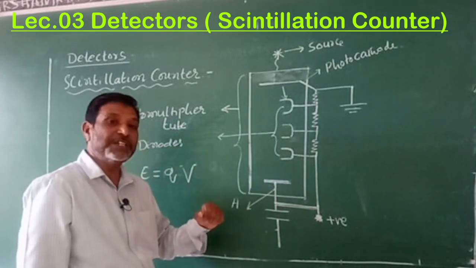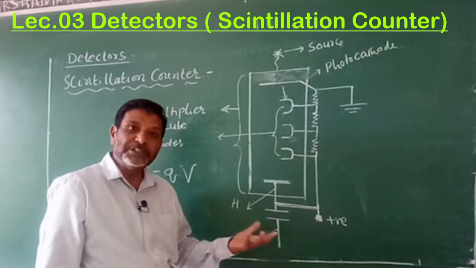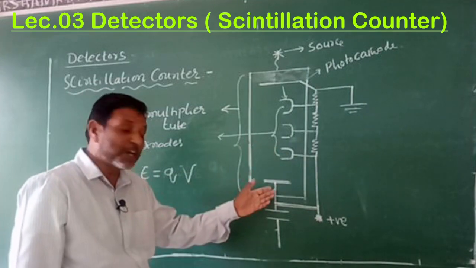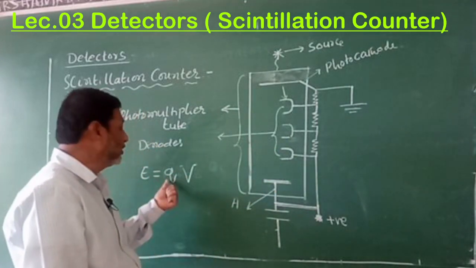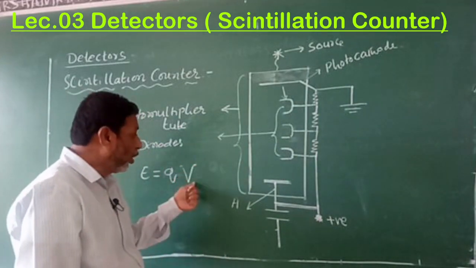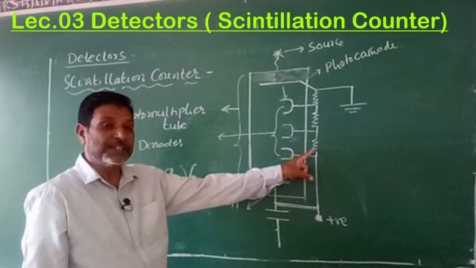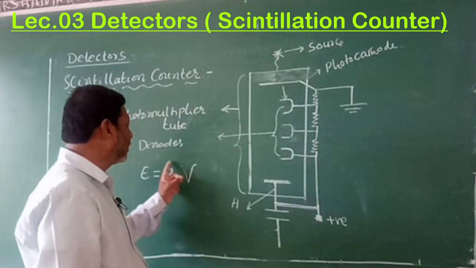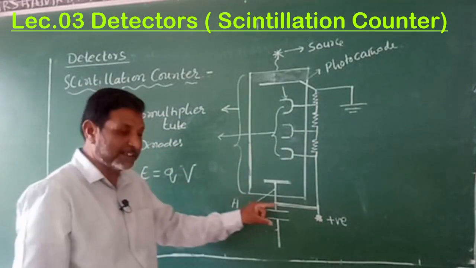If 10 electrons reach here, it is the charge due to 10 electrons. If 1000 electrons reach here, the charge is that due to 1000 electrons. Then whatever voltage or potential difference you applied gives the amount of energy reaching here.